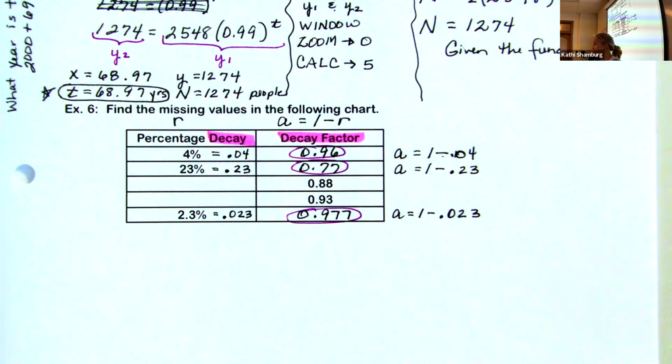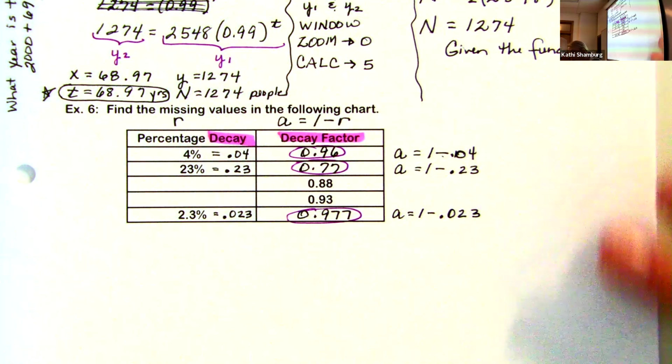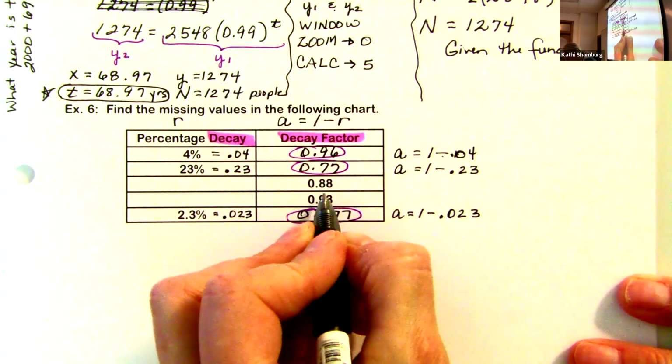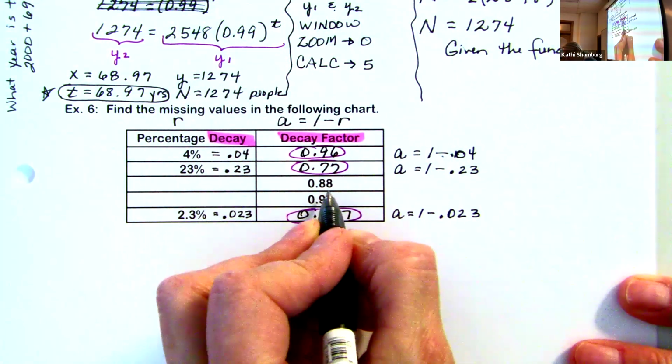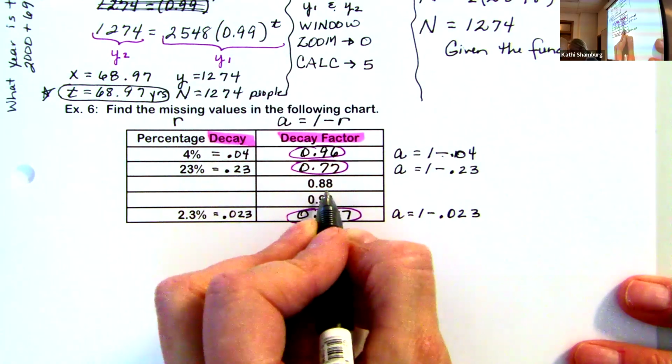Now, the one where students sometimes have a little bit of problem is when they're given the factor and then they have to tell me what is R, okay? So we know that our decay factor is 0.88.